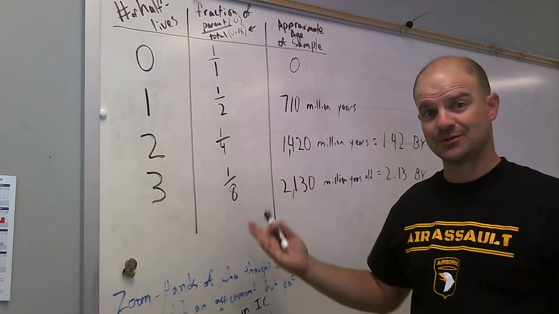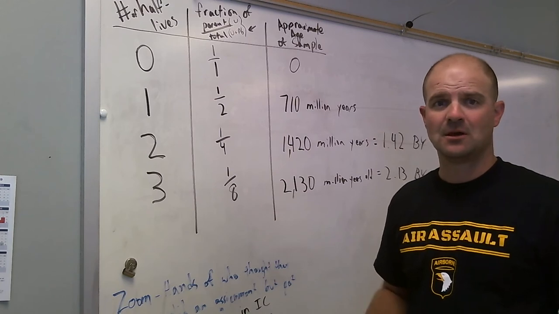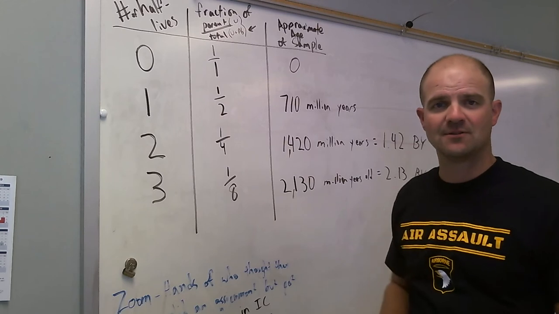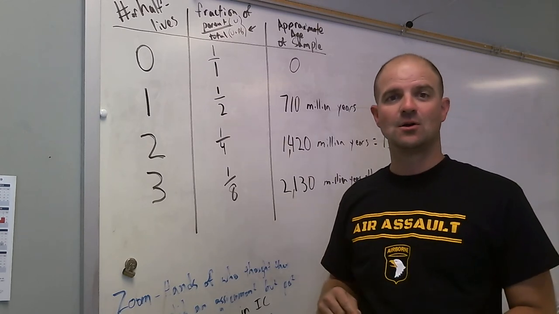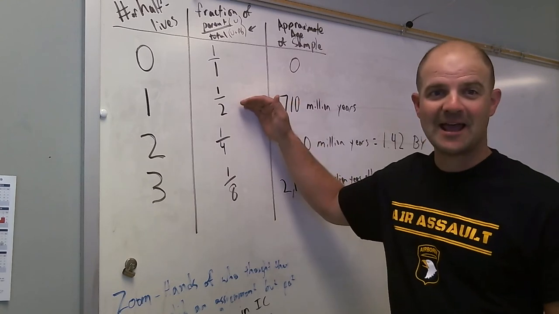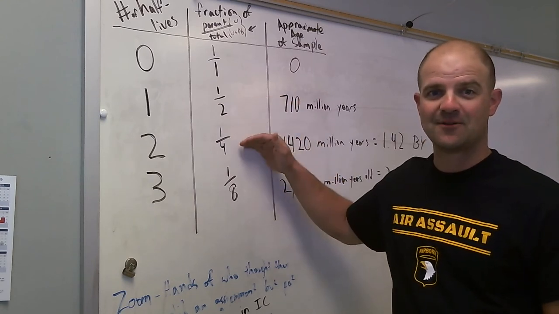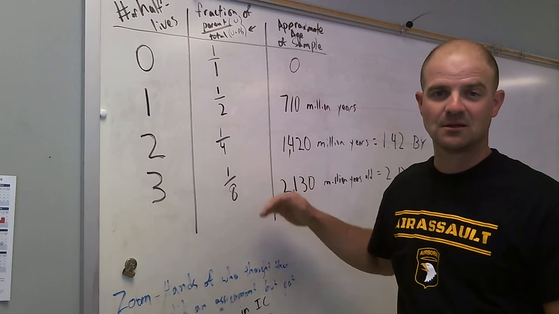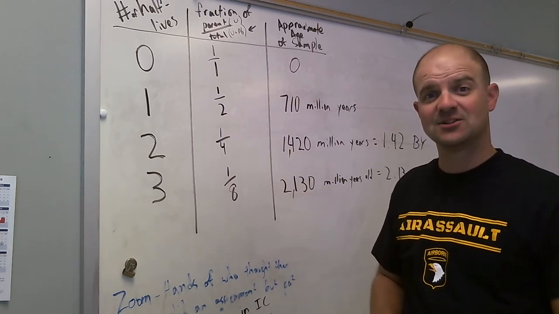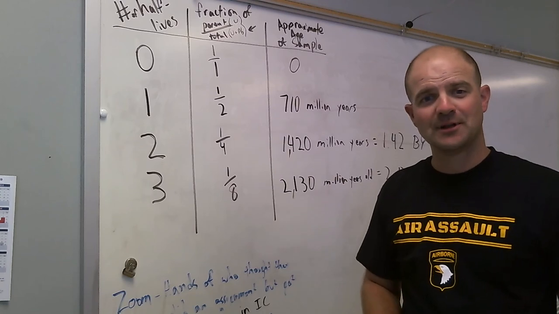And then you can just do this very simple math. If you had a sample that landed on one of these, you'd know the approximate age of that sample. And in the next video, we'll figure out what you do if it doesn't land right on 1/2. Maybe it's in between 1/2 and 1/4, or in between 1/4 and 1/8, or in between 1/8 and 1/16. How do you figure the approximate age then? So that's what we're going to do next.